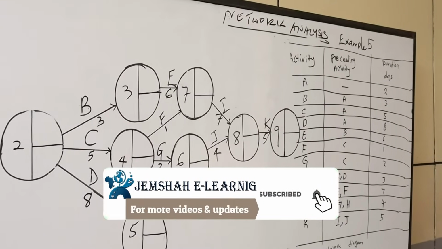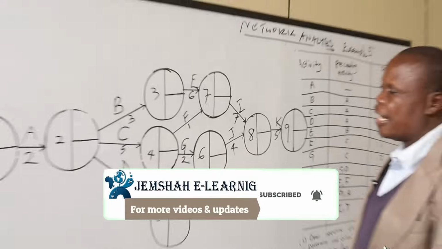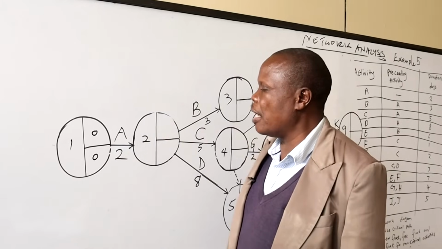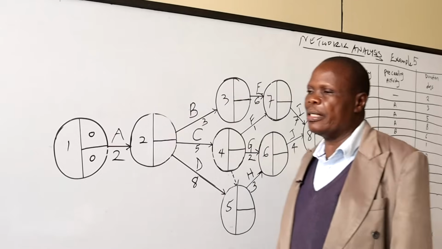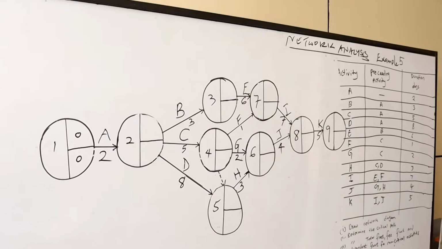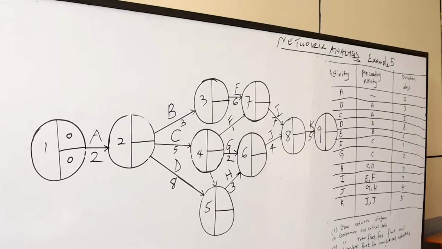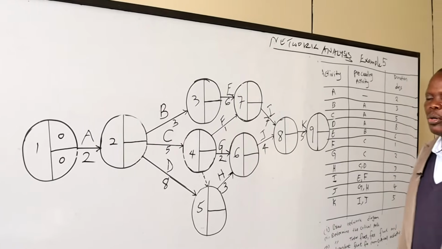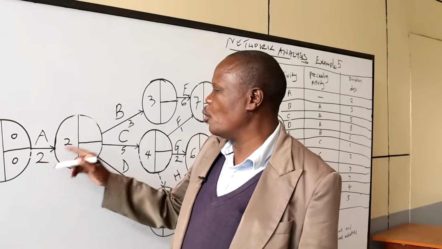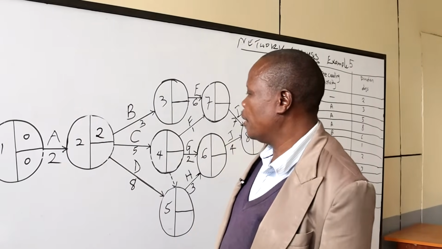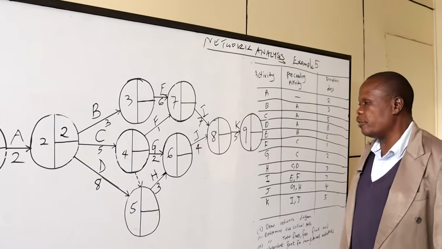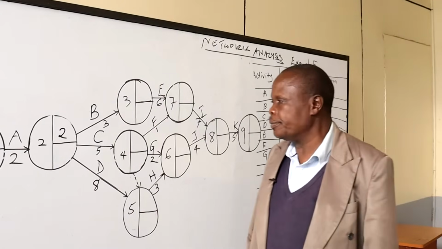We want to start by estimating the earliest time. Once more, I had said that to estimate the earliest time, we add each activity duration from left to right and pick the maximum duration. 0 plus 2 is 2. That is, A will be completed after 2 days, or the second day.